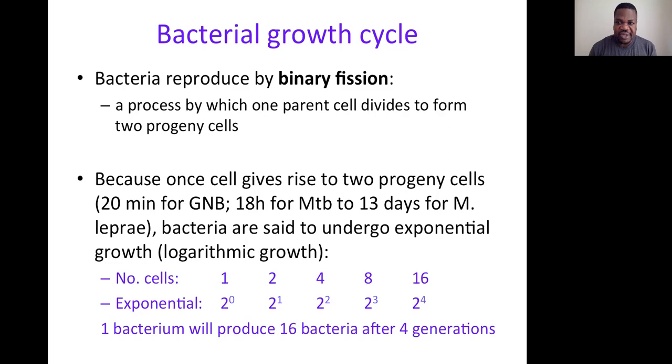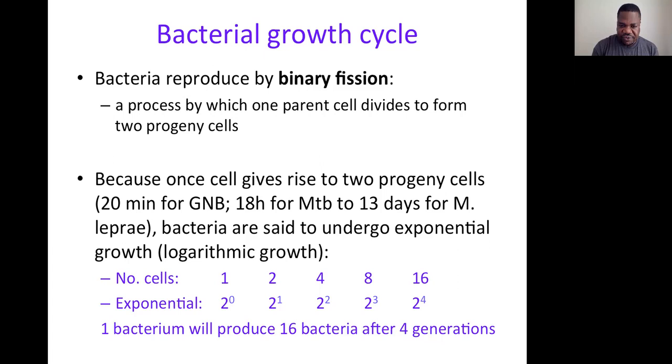If you are dealing with a gram-negative infection, gram-negative bacteria replicate every 20 minutes. They replicate faster. So if you have one cell, after 20 minutes you have two cells. After another 20 minutes, you have 4, 8, 16. So we say that they enter an exponential growth phase or a logarithmic growth phase.